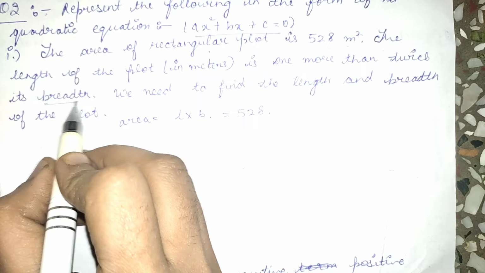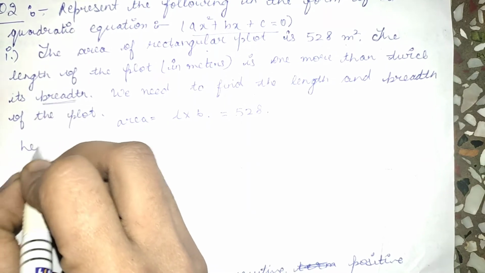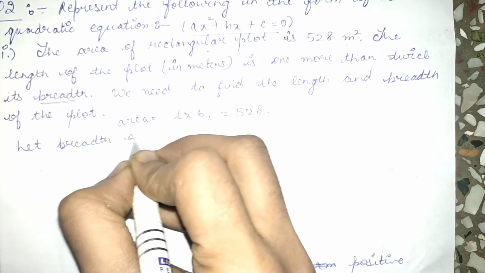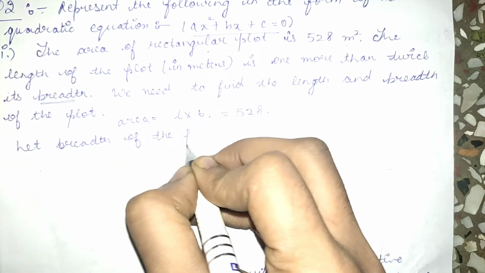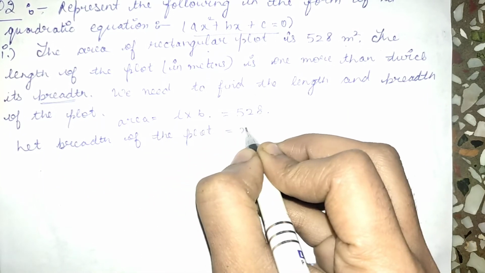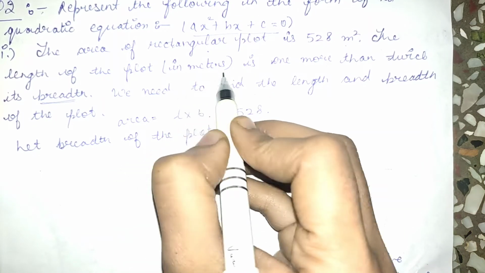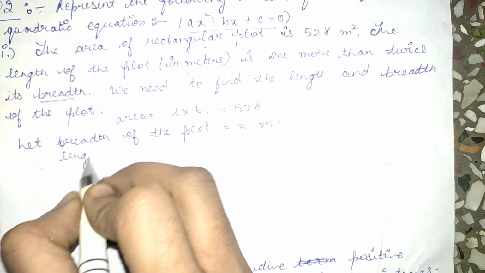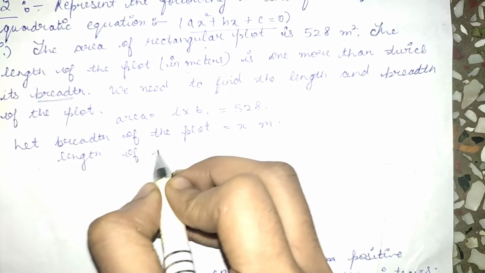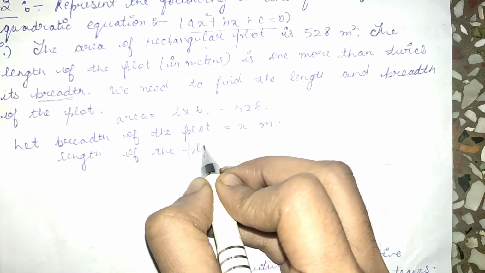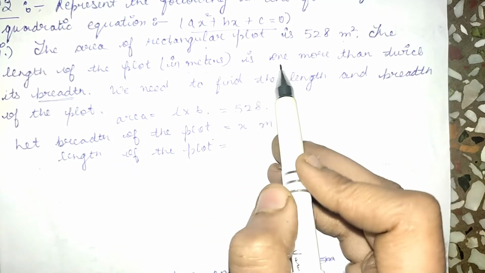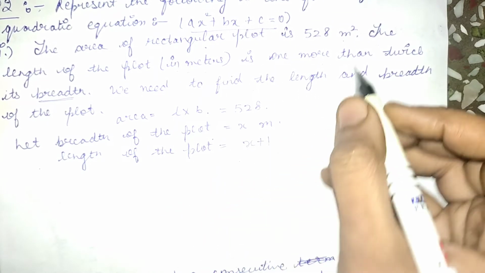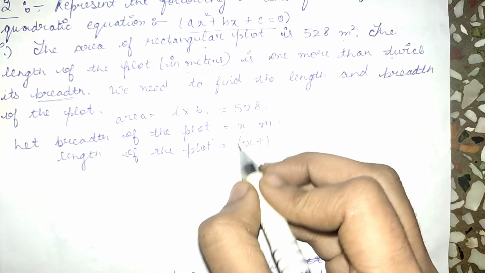So first we will imagine that the breadth of the plot is equal to x meter. Okay, all the calculations will be in meters only, right? Then the length of the plot will become equal to what? According to the given condition, the length of the plot is 1 more than twice its breadth, right?